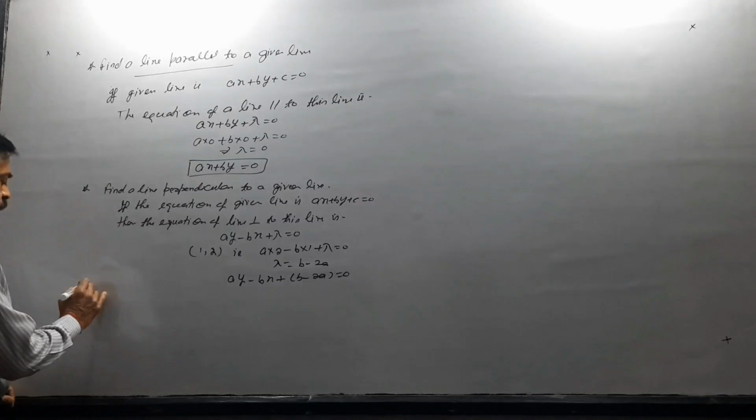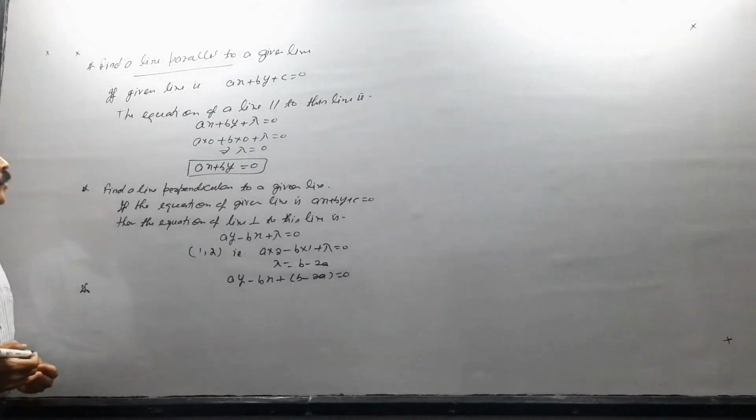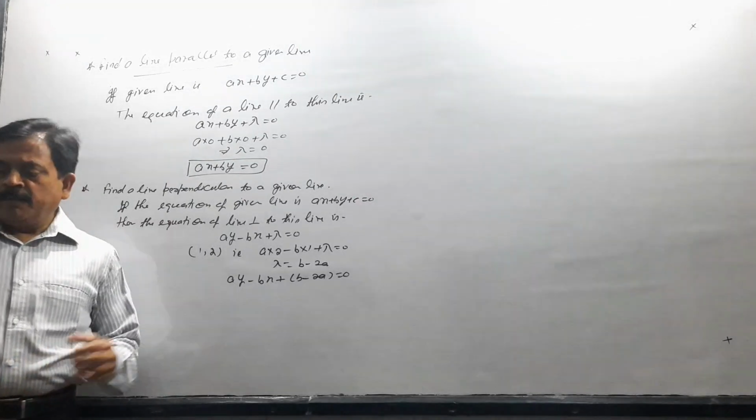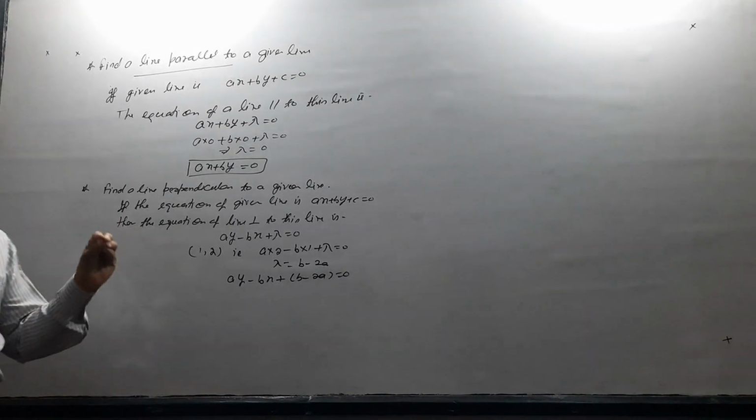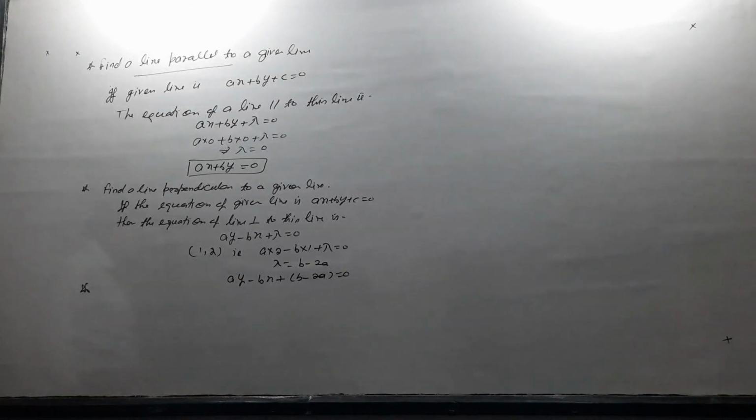Another thing related to straight lines is to find the coordinates of the point of intersection of two lines.